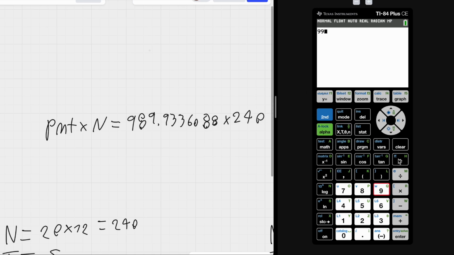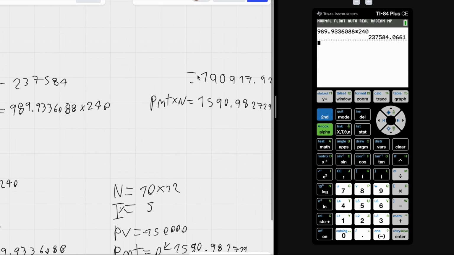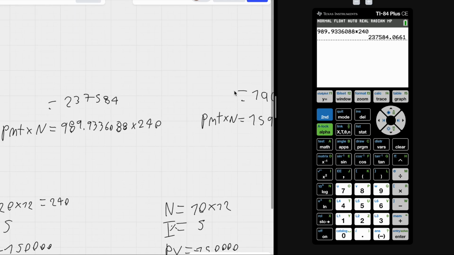So 989.9336088 times 240, which is this number here. So these are the total payments in each loan.